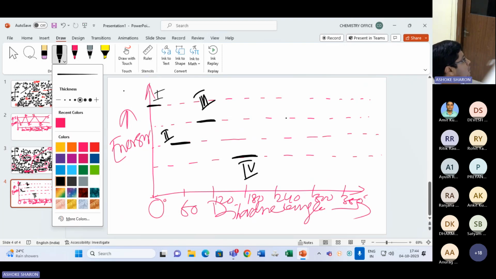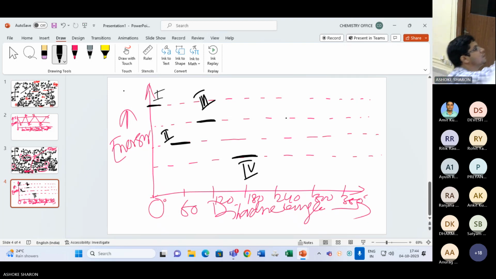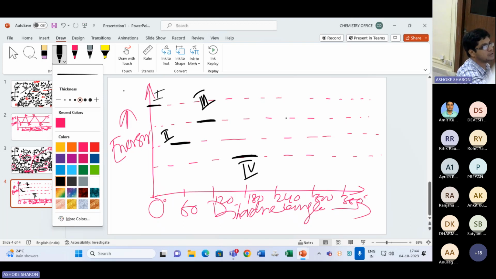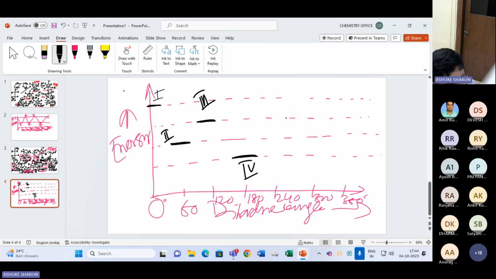This is structure number 5. Then 300 will be here only. It is very similar to 2. This is structure number 6. And definitely 360 degrees will be similar to 1.